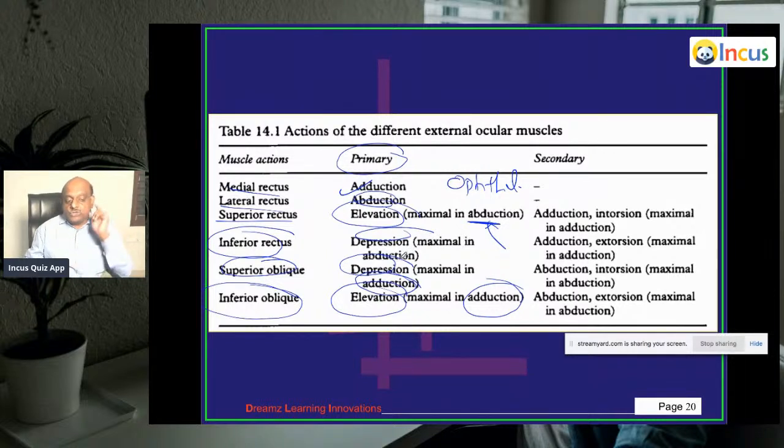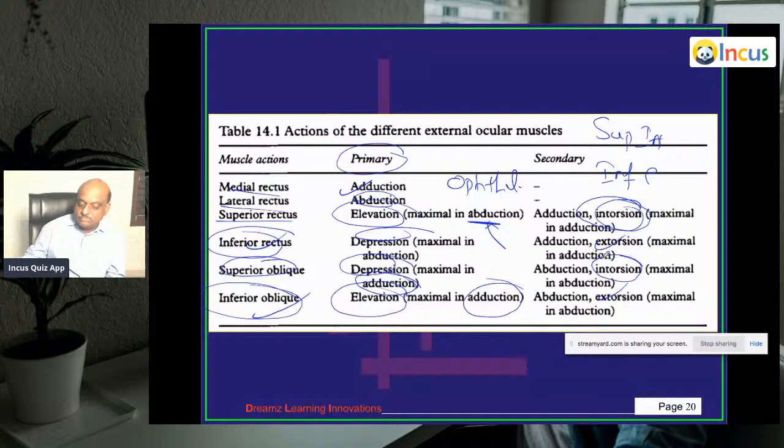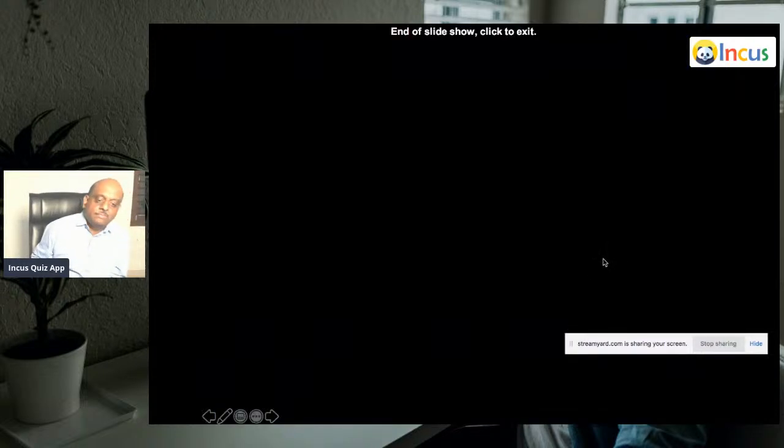And typically all superiors are intorters. All inferiors are extorters. If you look at inferior oblique and inferior rectus, they both lead to extorsion, whereas superiors lead to intorsion. That's what you need to ultimately remember.